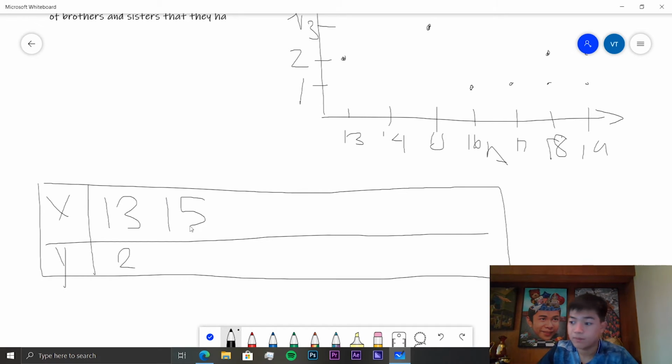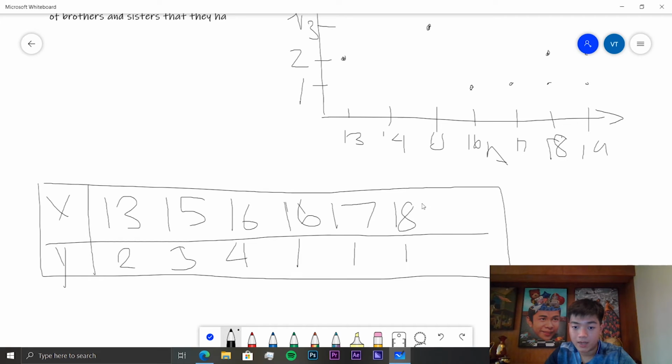So 15, we have 3. 16, we have 4. 16 we also have 1. 17 we have 1. 18 we have 1 and 2. And 19 we have 1 and 2.